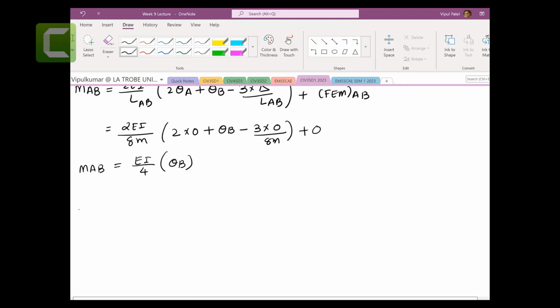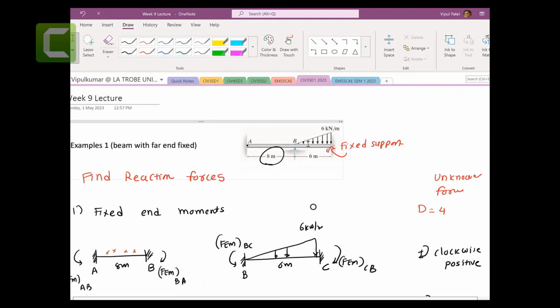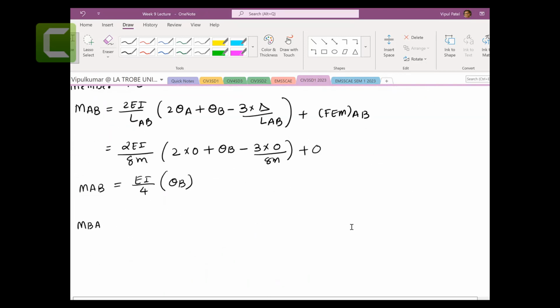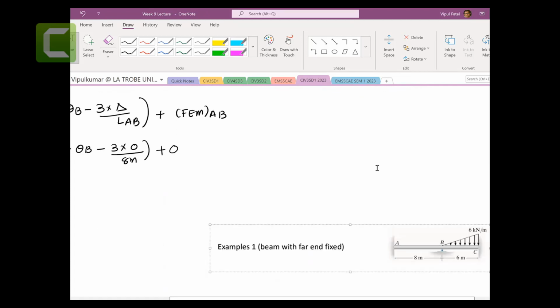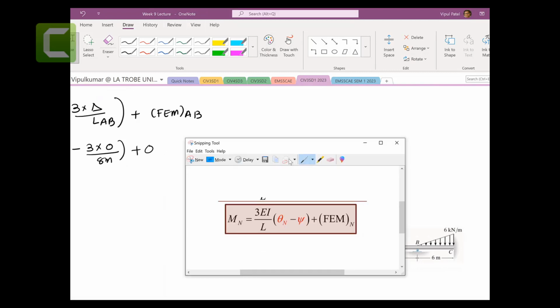Similarly, we can do the other side, MBA, because you can see from the figures that we have two figures. Let me put this one here that we calculated. We just need this one only.